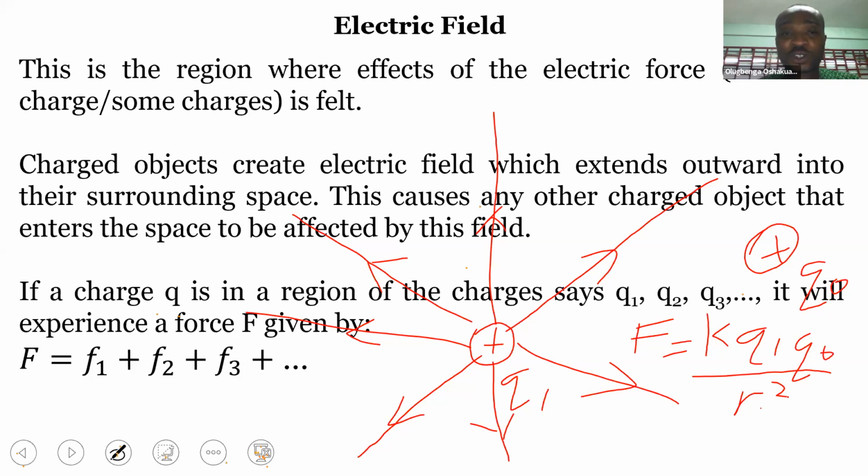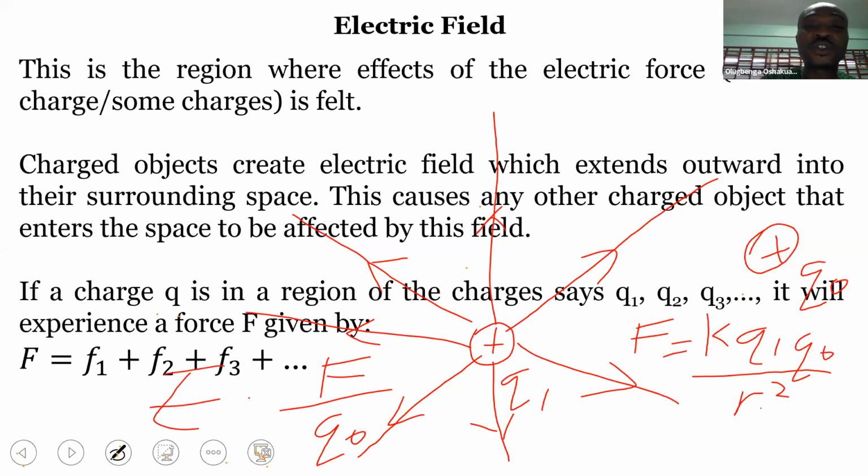This is the force of attraction. Now we are interested in the electric field strength of Q1. A simple way to go about it is to say F divided by the charge that you have brought in, the force of attraction divided by the charge that you have introduced. That defines our electric field strength.